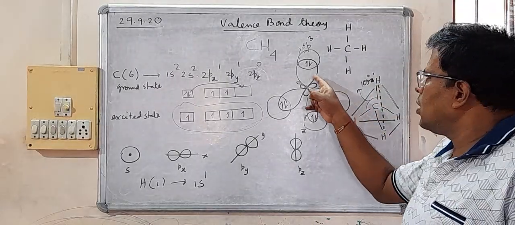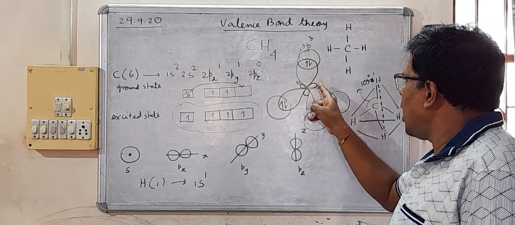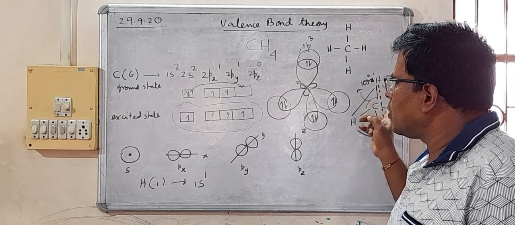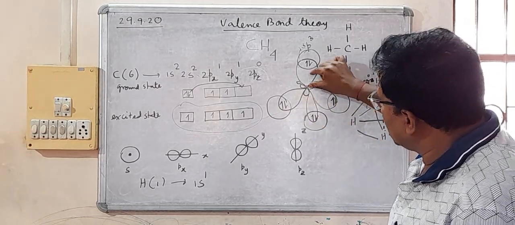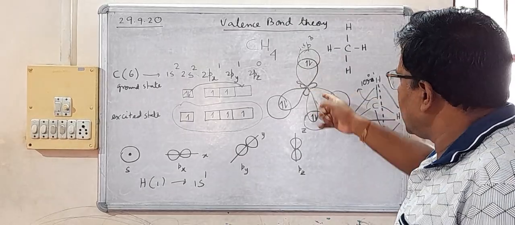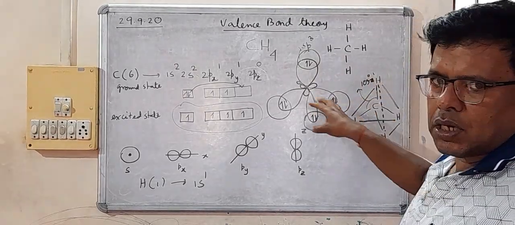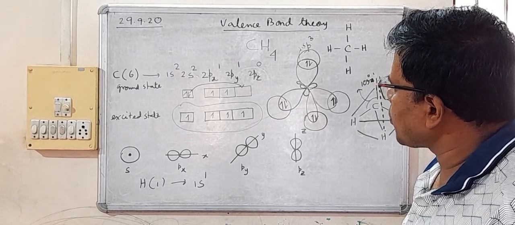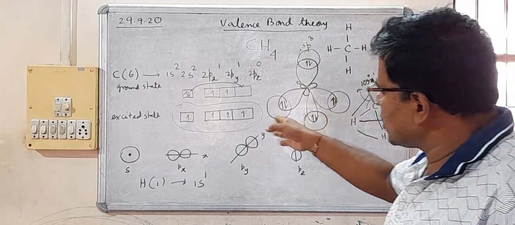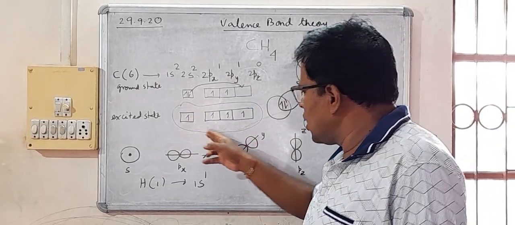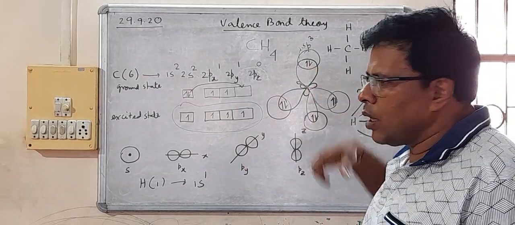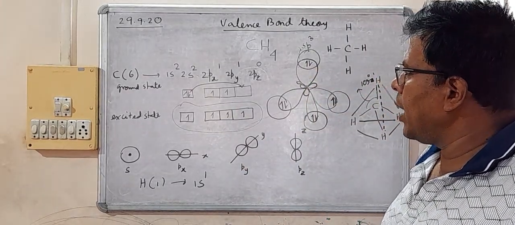And here also the angle will be as observed. We can explain the angle also. These sp3 hybrid orbitals will make an angle of 109 degrees between them. So you see, this mixing of atomic orbitals to form hybrid orbitals is called hybridization.